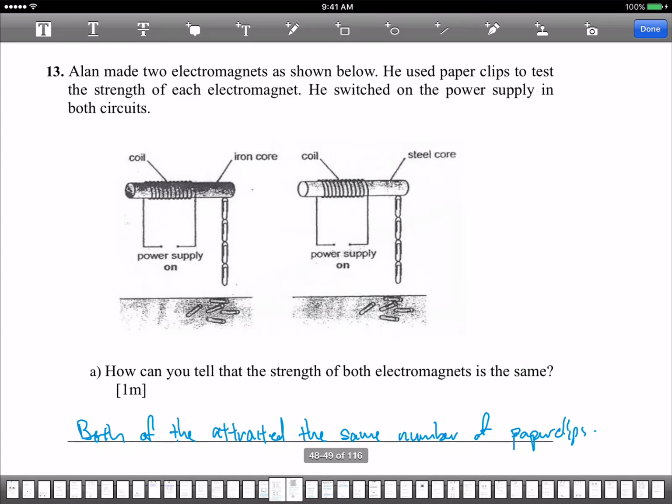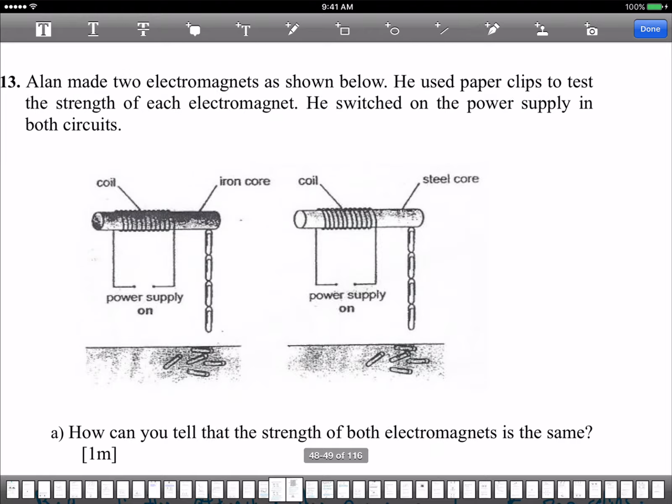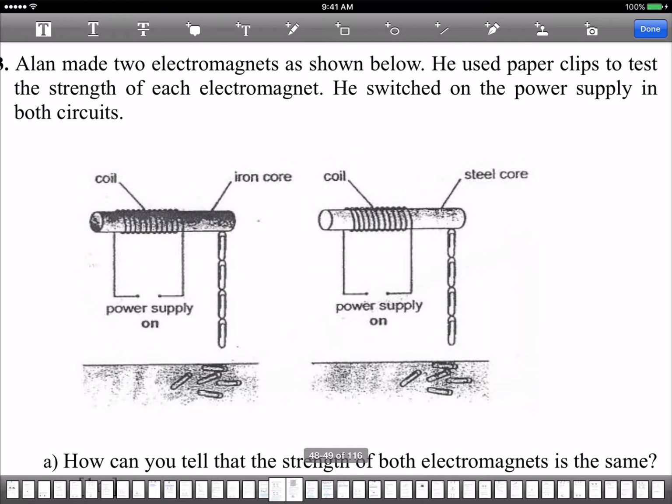Okay. Eunice, do you know how to explain this? How can you tell that the strength of the two magnets is the same? Oh, I should cover the answer actually. Both of them attracted. Eunice, how can you tell that it's the same? Same number, very good.